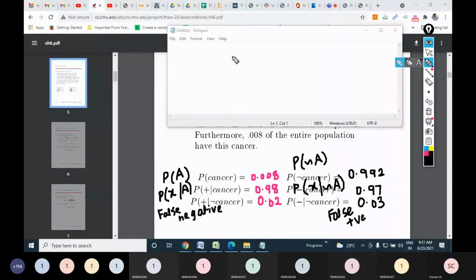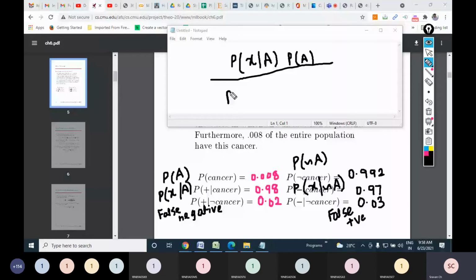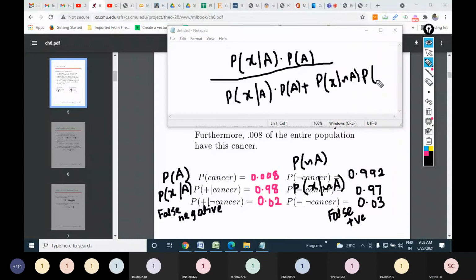Please observe this carefully. P of x bar A into P of A, divided by P of x bar A into P of A, plus P of x bar not A into P of not A. Right?